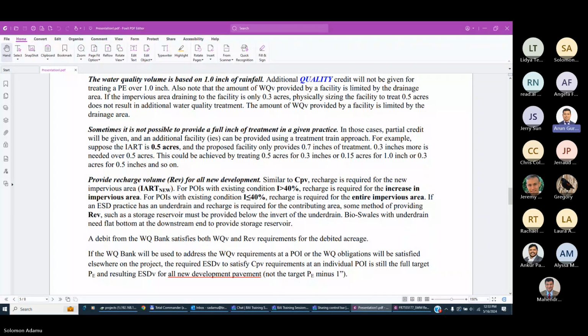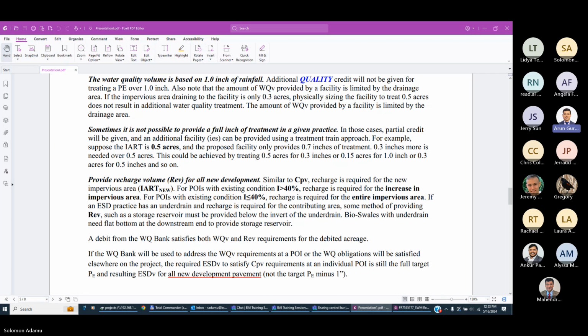In order to address that, I think MDE came up with this recharge volume terminology, where based on your soil type, you're supposed to infiltrate a certain amount of volume into the ground. We do it by using infiltrating practices, for example bioretention, micro-bioretention, bioswale, infiltration trench.